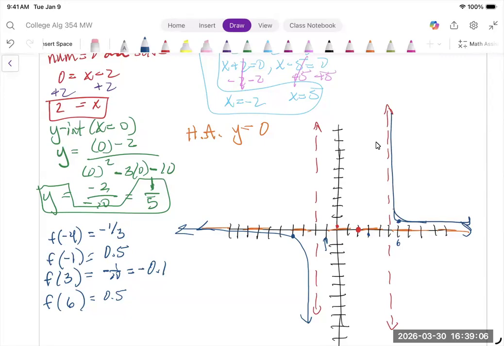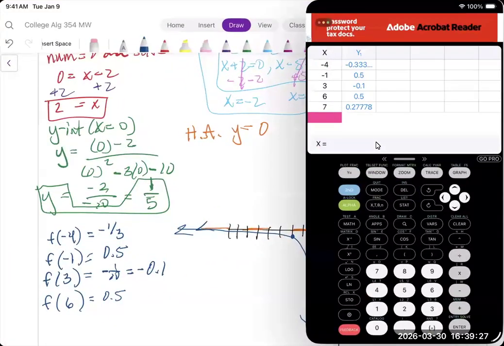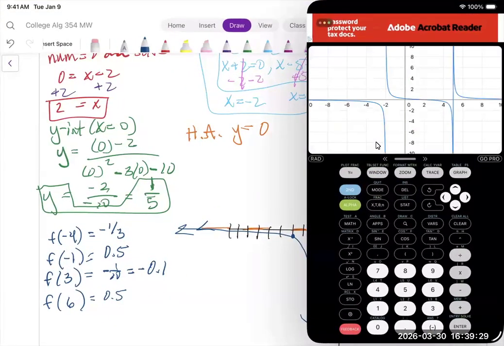Hopefully yours goes through like this. It doesn't have to be perfect. It's just a sketch. And then I have to pass through all of these points. All right. And then we can look at the graph to verify. Yep, there we go.